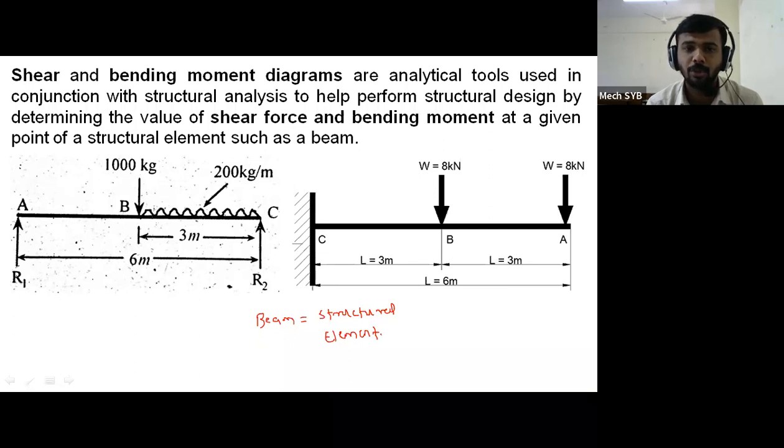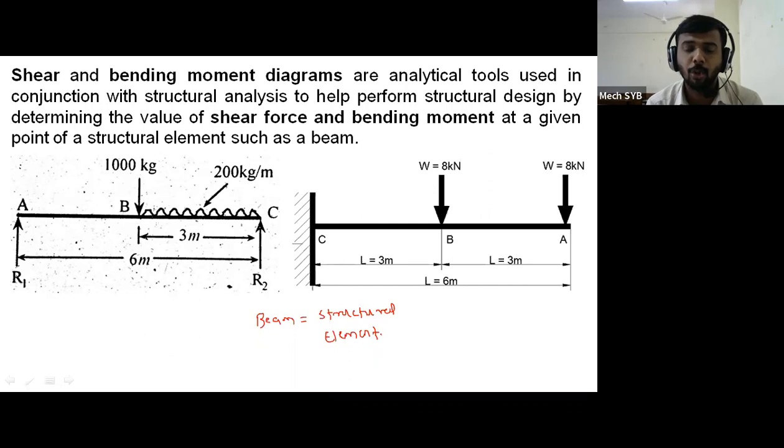If a number of loads are applied on that beam structure, there is a possibility of bending. For example, suppose one rectangular bar is there and that bar is subjected to an external load.